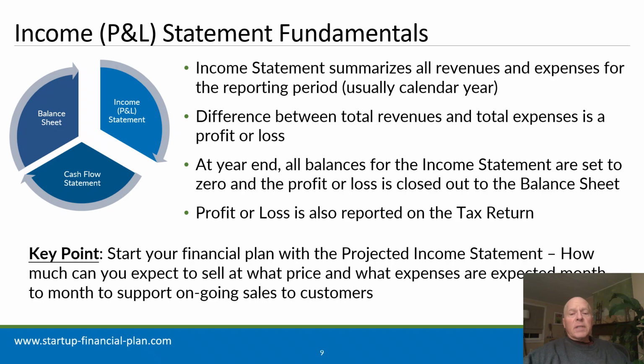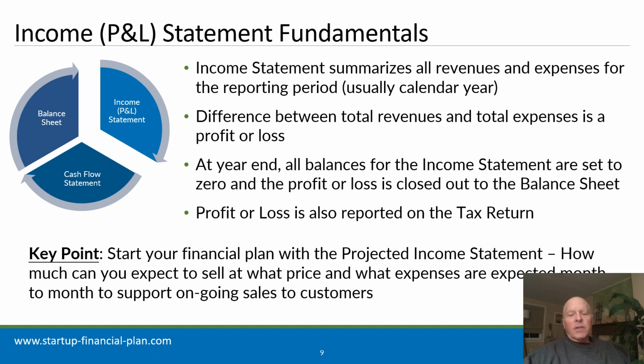So the income statement is going to summarize all revenues and expenses for the reporting period. Typically, the reporting period is a calendar year because that mirrors and aligns to your tax return. Your tax return is usually prepared for a calendar year, so the income statement is often prepared for a calendar year, so it kind of aligns to that.